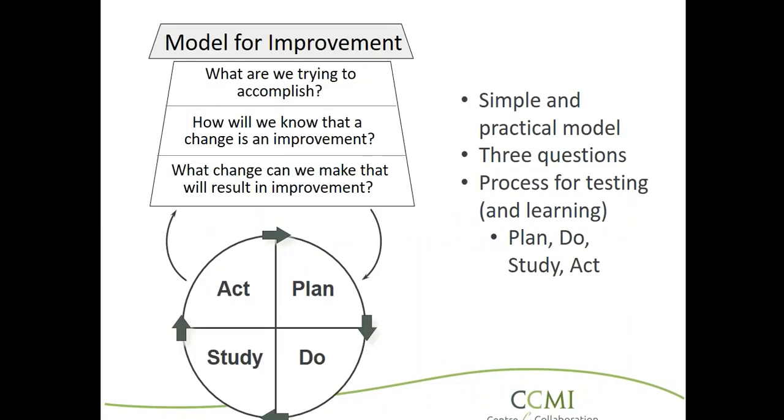So I mentioned the model for improvement. Let's take a look at this. This model was developed by Associates for Process Improvement and has been used extensively by the Institute for Healthcare Improvement, probably going back to possibly even the 70s. It really gained traction in the 90s and the early 2000s in quality improvement in healthcare. And one of the reasons it has gained so much traction is it allows us to test ideas.